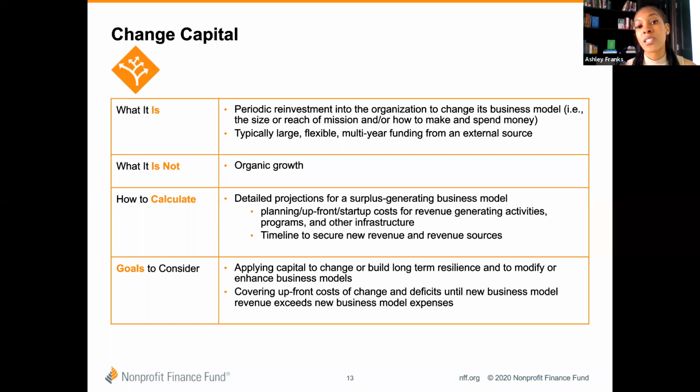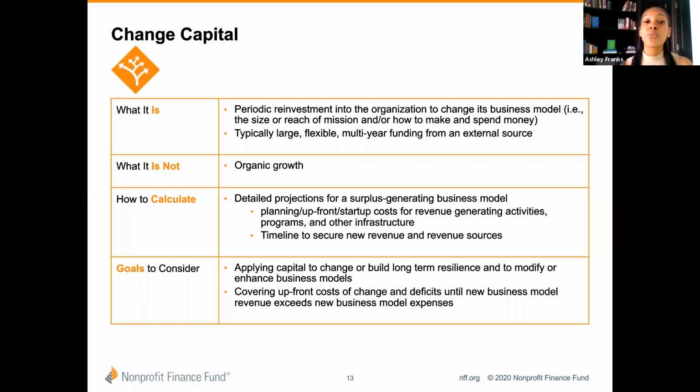Periodically, organizations must make significant shifts in their business model to align with changing community needs and other marketplace realities. These shifts can include, but are not limited to, improving or reconfiguring programs and operations, investing in R&D, downsizing, merging, and investing in new or under-resourced revenue streams, because maybe the revenue streams we have just aren't working anymore and we need a refresh.